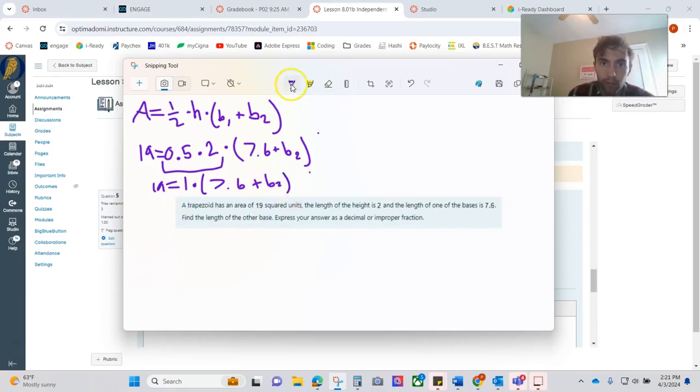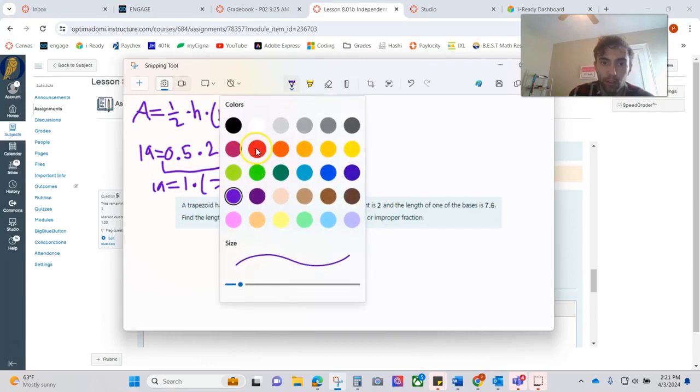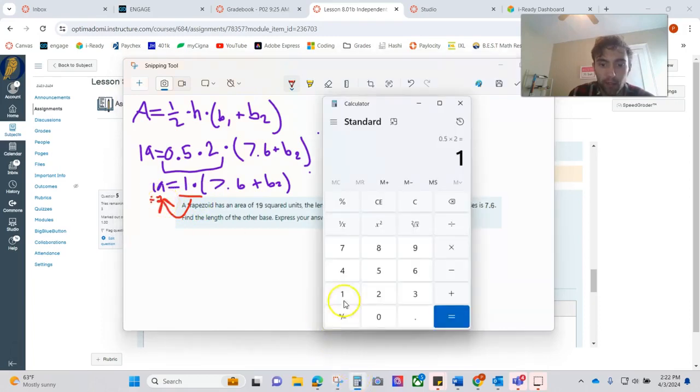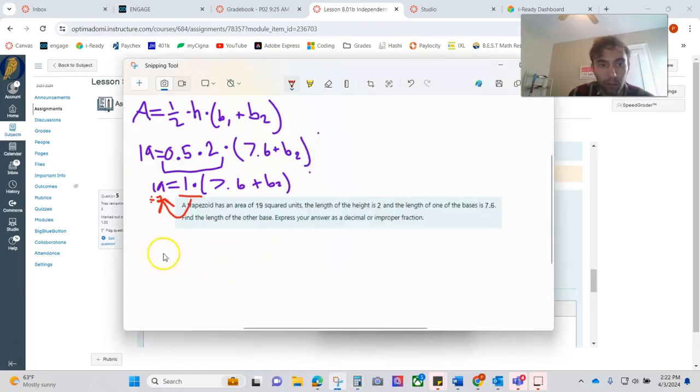Now let's use inverse operations to solve this question. Opposite math. Right here I have a times by 1. Let's do the opposite math on the opposite side and divide by 1. What's 19 divided by 1? Yep, it's 19. Nice job. So 19, now we have 7.6 plus the second base.